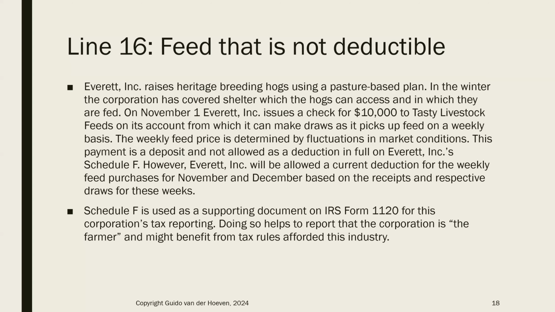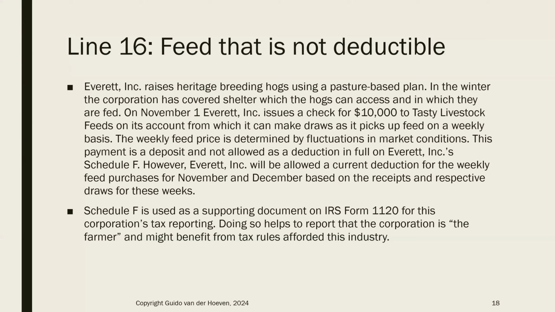Now, here's the key. On November 1st, Everett Inc. issues a check for $10,000 to Tasty Livestock Feeds on its account, from which it makes draws as it picks up feed on a weekly basis. Weekly feed prices are determined by fluctuations in the market conditions.